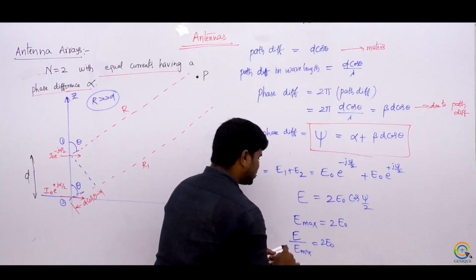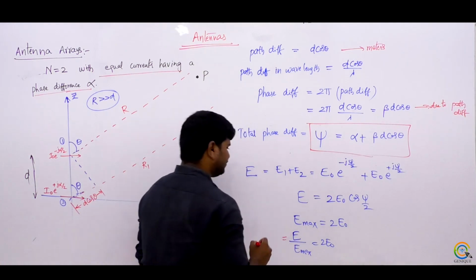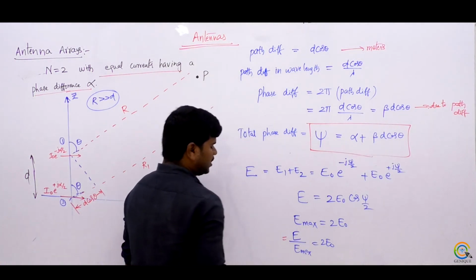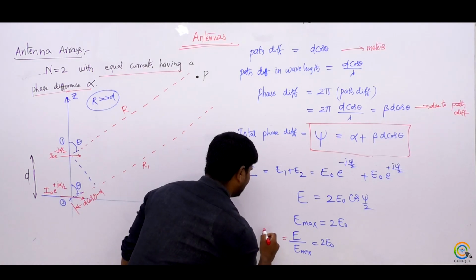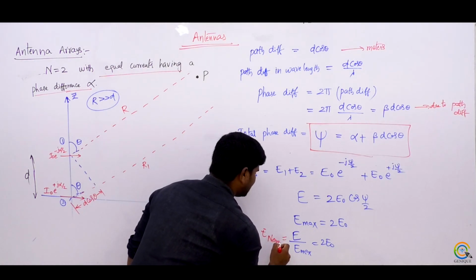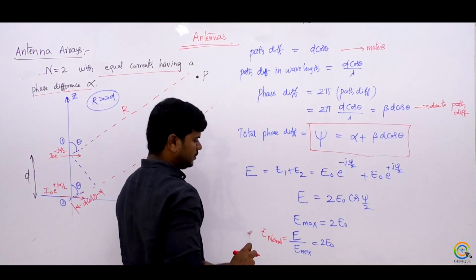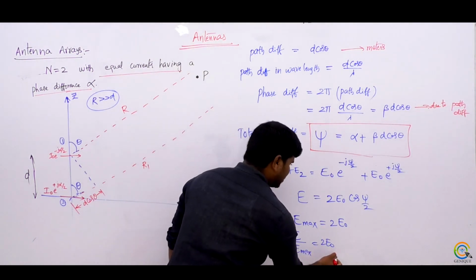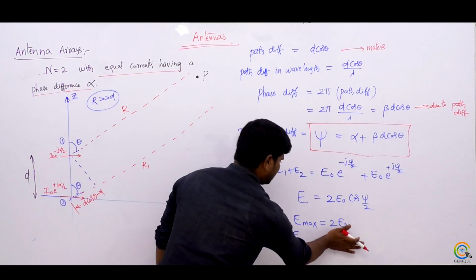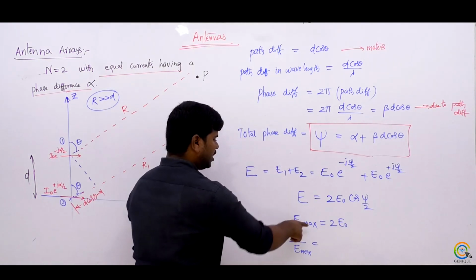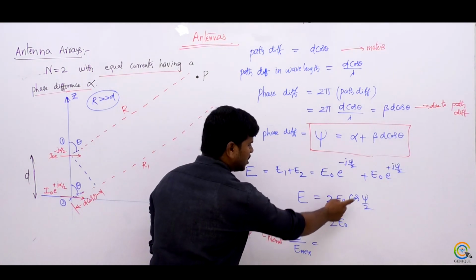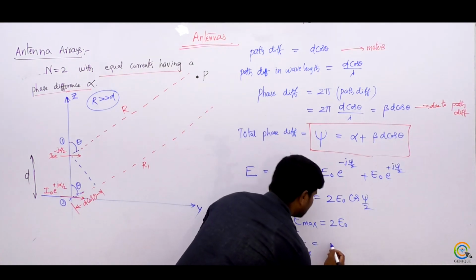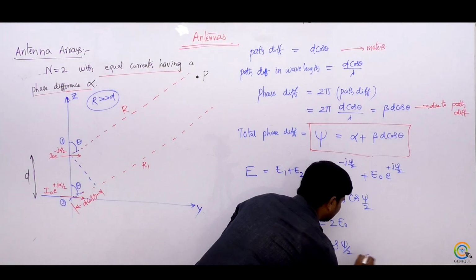Dividing E by E max is called E normalized, and you will get cos psi by 2.